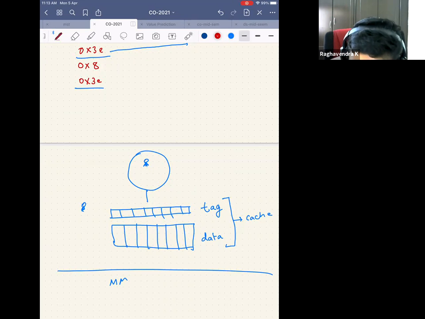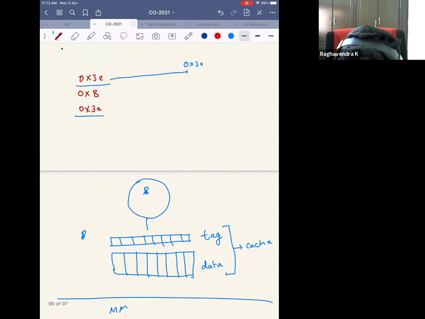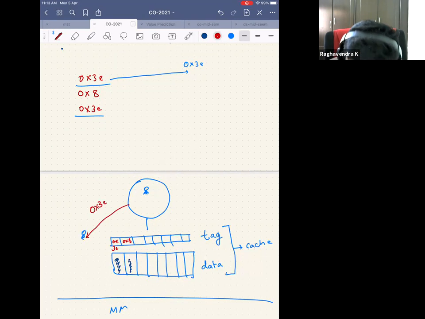When I bring 0x3, I copy the data of 0x3 here, but I also store 0x3 here. Similarly, I store 0x8 here and I copy the data of 0x8 here. So after this, when the CPU generates the address 0x3, what do I do?